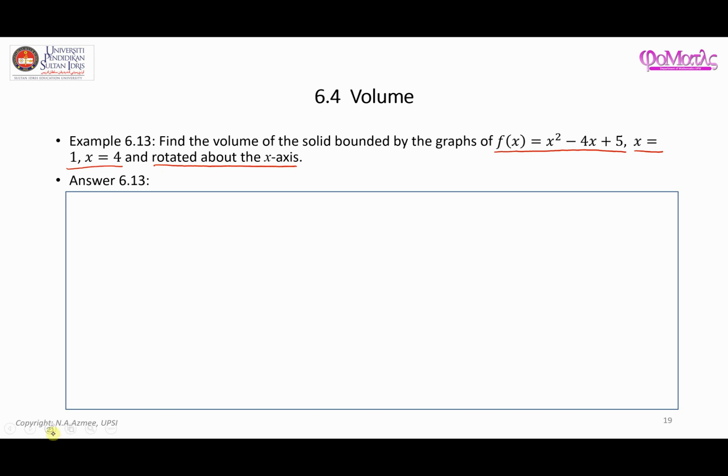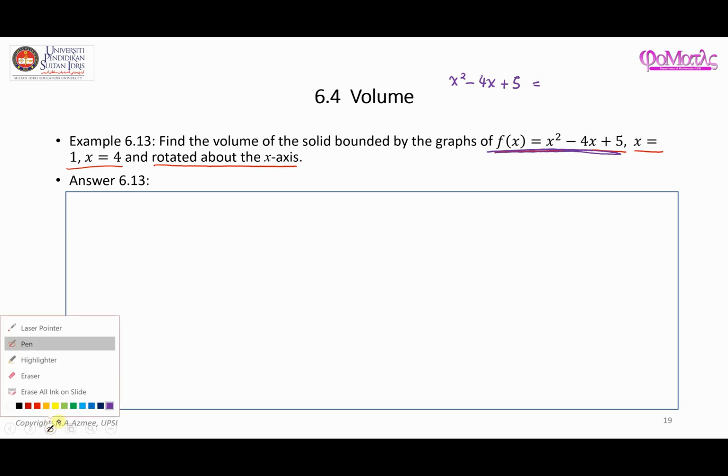Okay, so our first task is to sketch this function here, and it is not easy to sketch it like this. What you can do is change the form of this to something that will allow you to sketch the graph easily. For example, if you have this expression x squared minus 4x plus 5, I can easily replace this by the completing the square method.